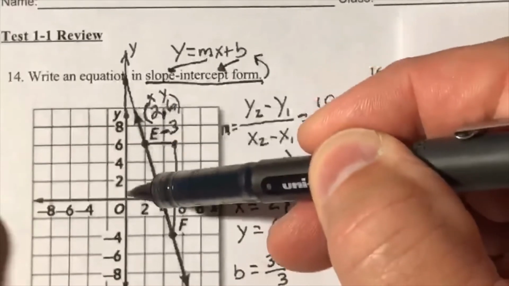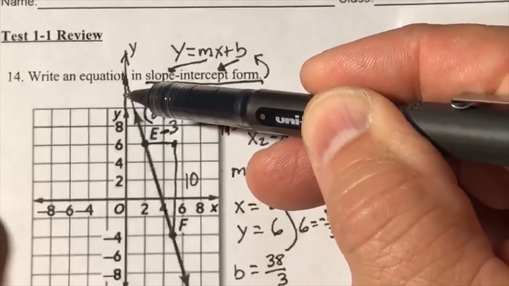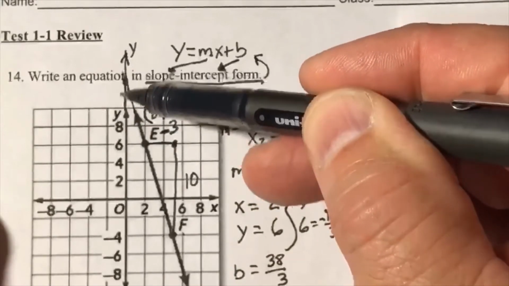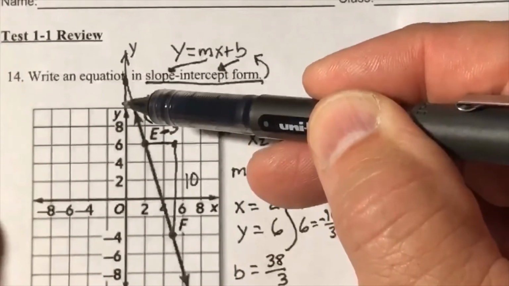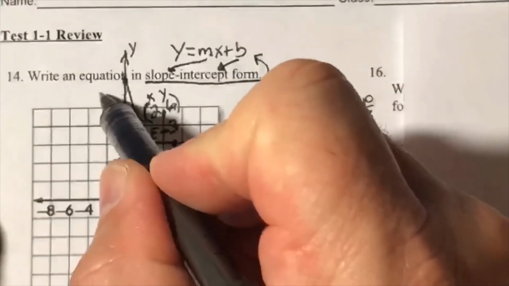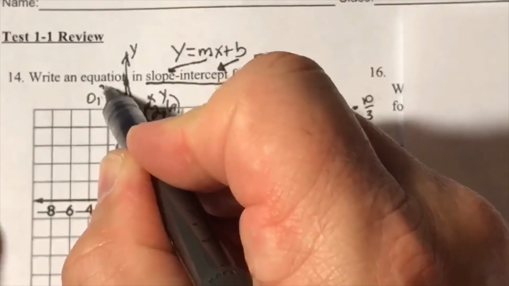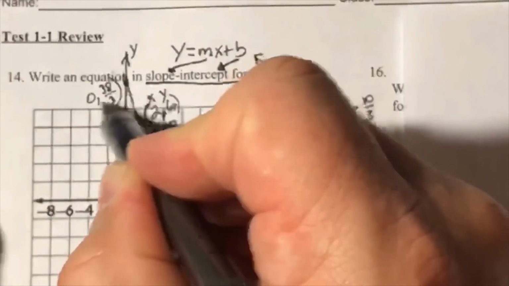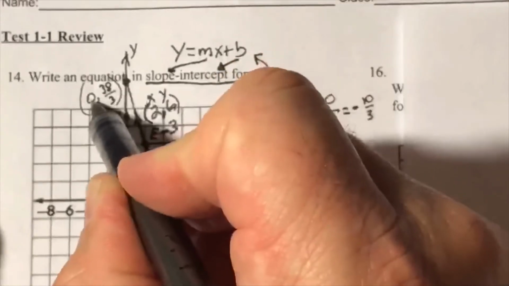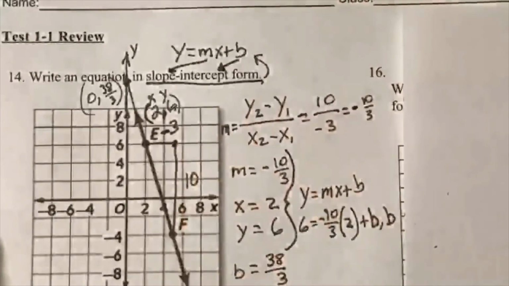This is 2, 4, 6, 8, 10, 12. See, I would be off. At 12.6, here's my 0, comma 38 over 3 location. When x is 0, that's my y-intercept, 38 over 3.